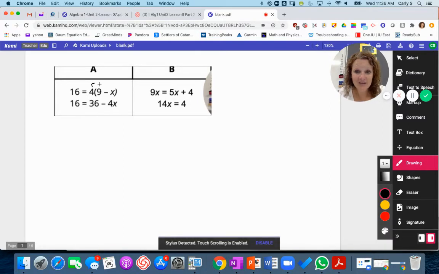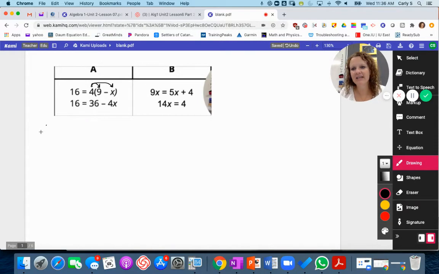I think if I distribute this through here, they're equivalent, right? Okay, so let's just say x equals 1. So I have 16 equals 4 times 9 minus 1. Okay, 16 equals 4 times 8. 16 does not equal 32.